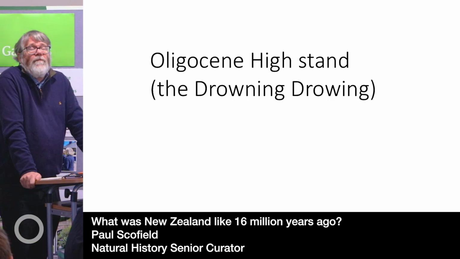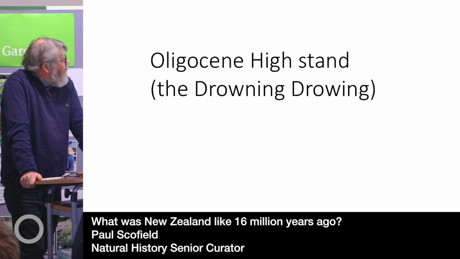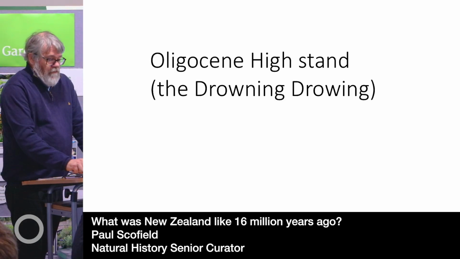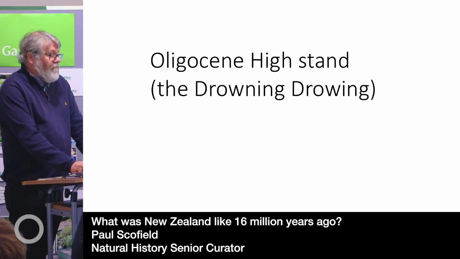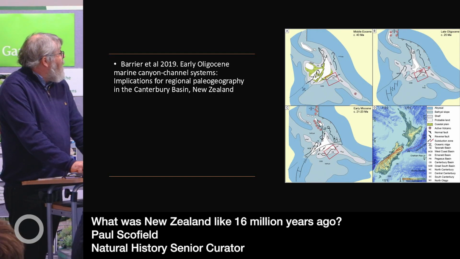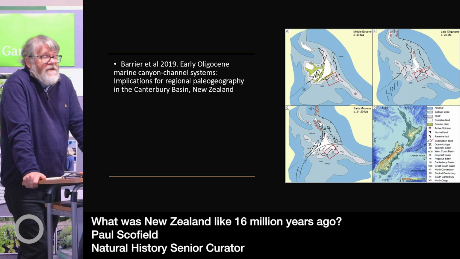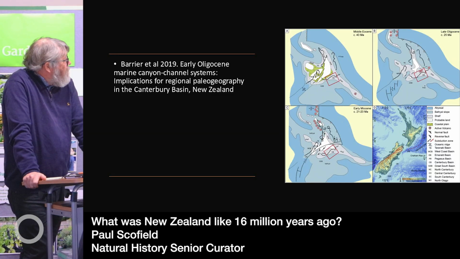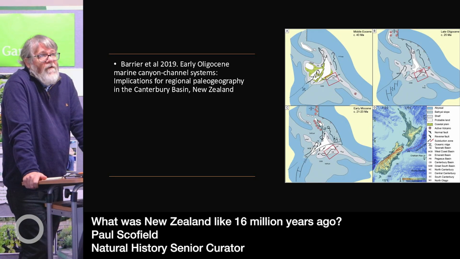Although there were a huge number of animals and plants on New Zealand, probably when it drifted away from the supercontinent of Gondwana, about 25 million years ago, a really quite catastrophic event occurred, which is known as the Oligocene high stand, or the Oligocene drowning. And this was a period where due to both tectonic forces and also due to rising sea level, the land which makes up New Zealand today was almost completely drowned.